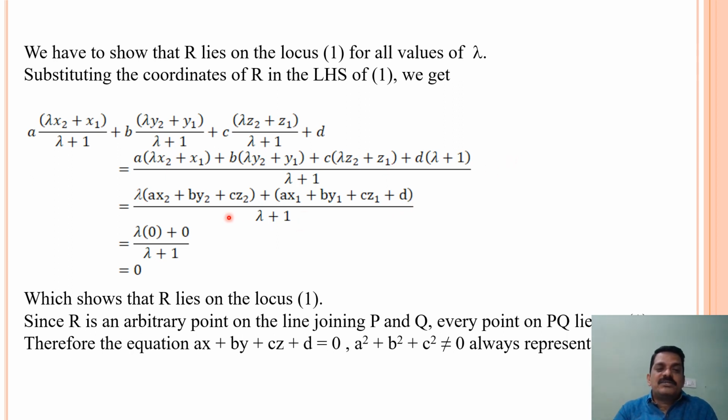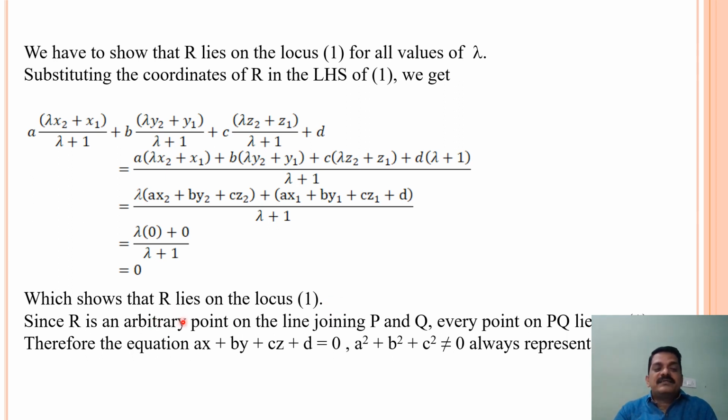But by equations 2 and 3, ax2 plus by2 plus cz2 plus d is equal to 0 and ax1 plus by1 plus cz1 plus d is equal to 0. So lambda into 0 plus 0 by lambda plus 1, that is equal to 0, which shows that R lies on the locus of equation 1, ax plus by plus cz plus d is equal to 0.